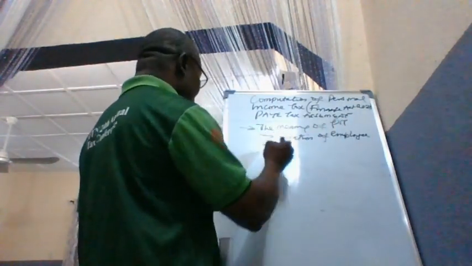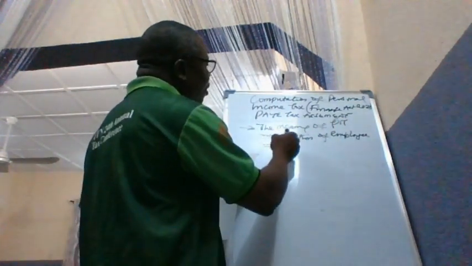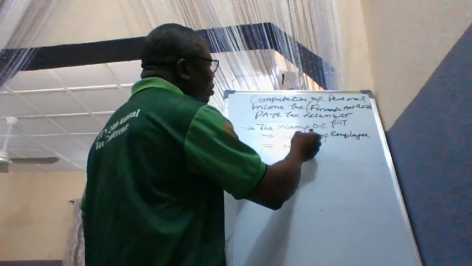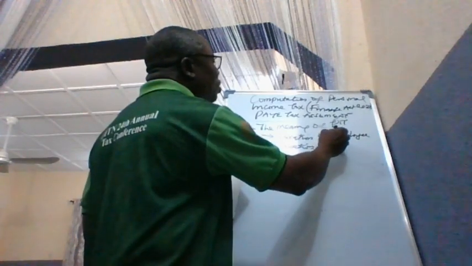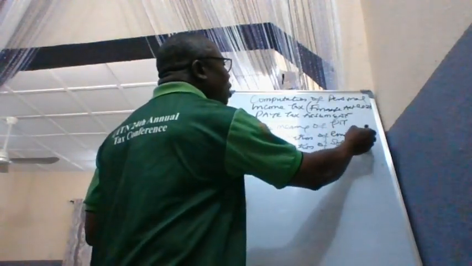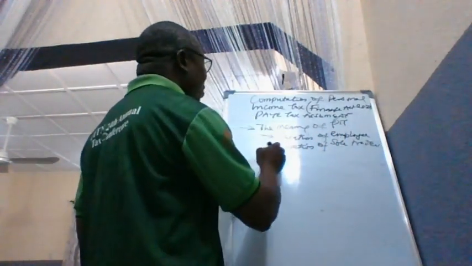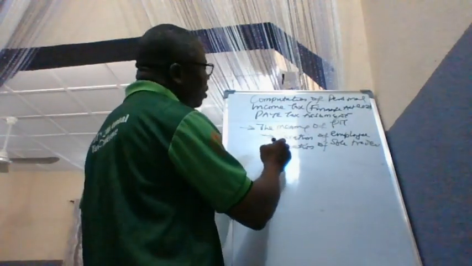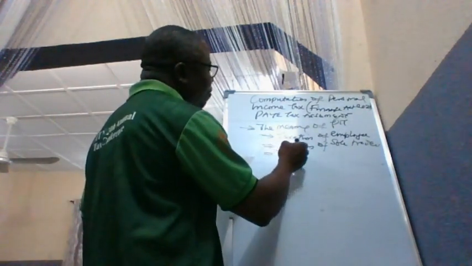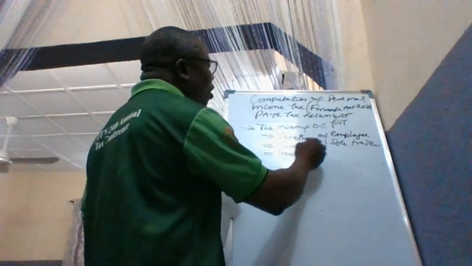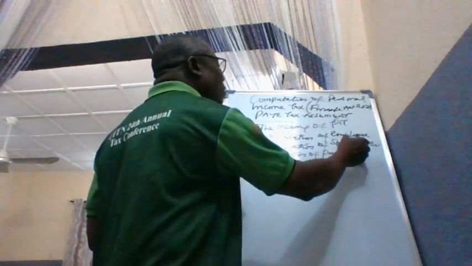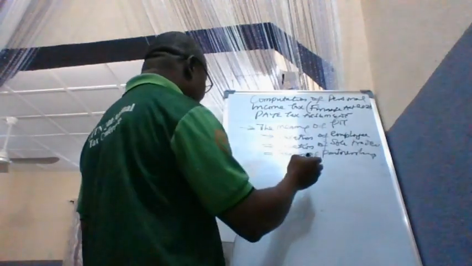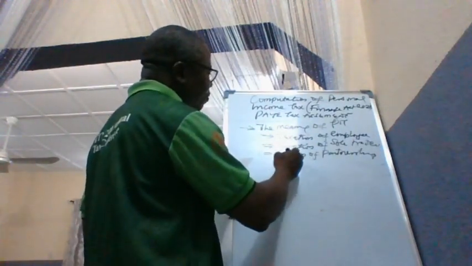Number two, it includes taxation of sole traders. Number three, it includes taxation of partnership, partnership assessment.